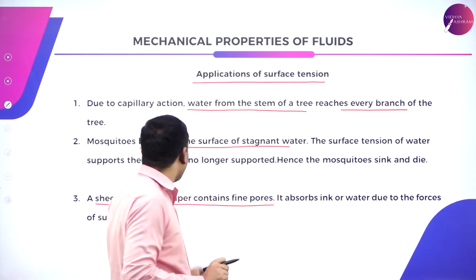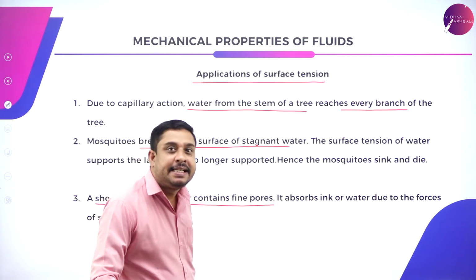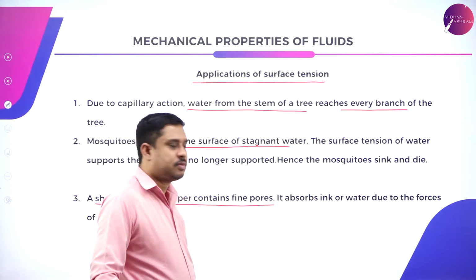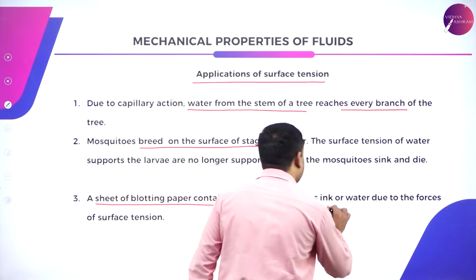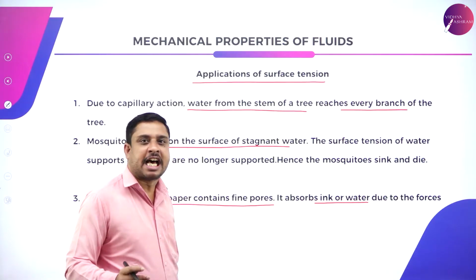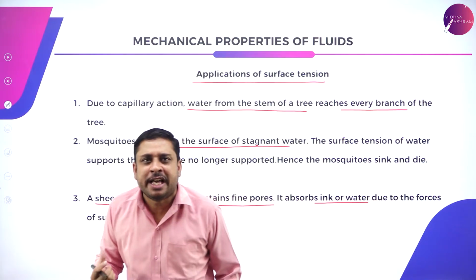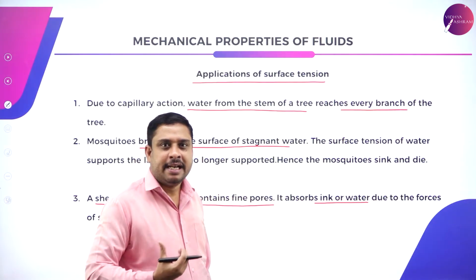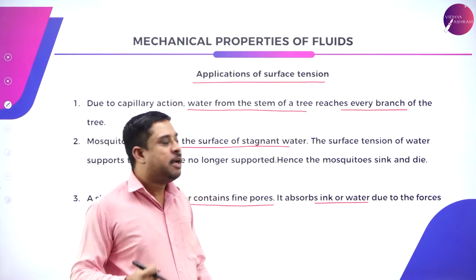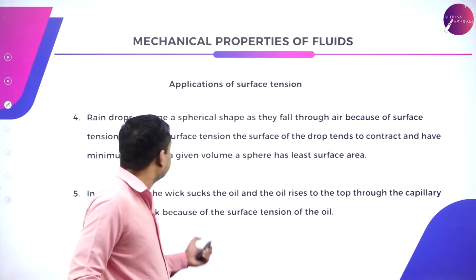A sheet of blotting paper contains fine pores. It absorbs ink or water due to surface tension. That blotting paper will have fine pores in it. It will either absorb ink or water by the action of surface tension.